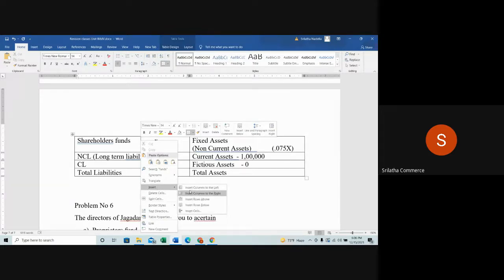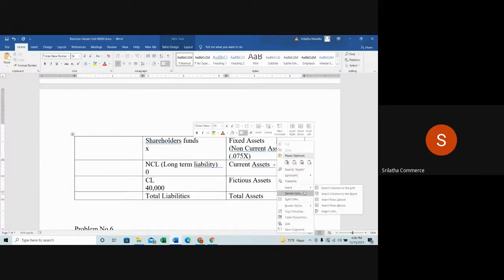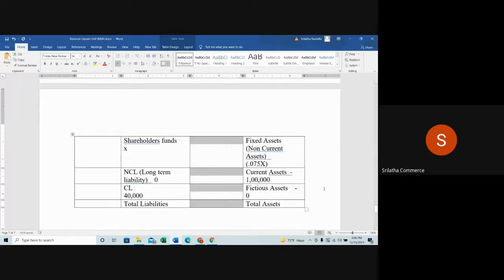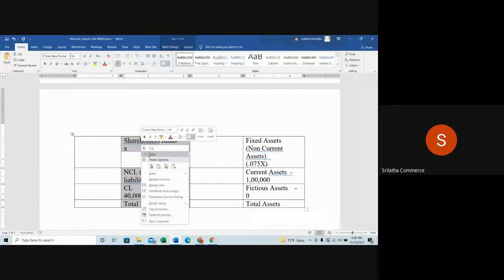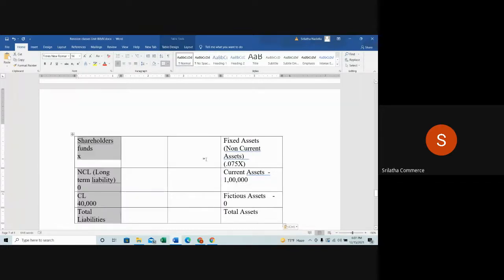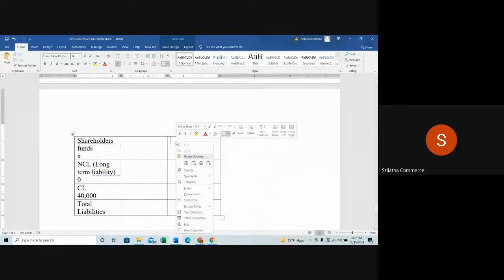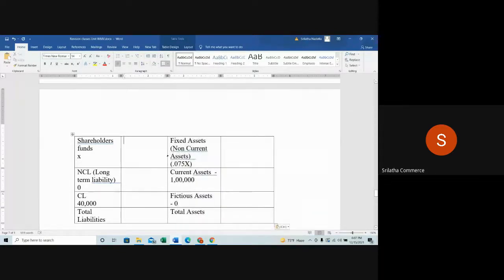Insert column to the left. Then here, insert column to the left. So I'll take this. Paste.